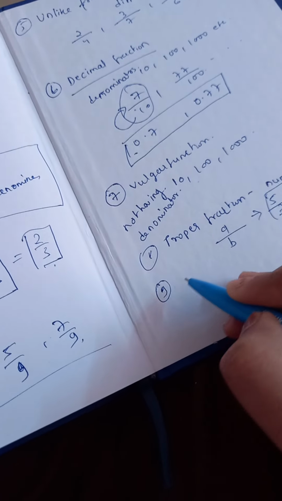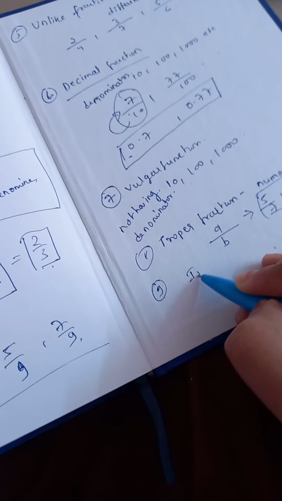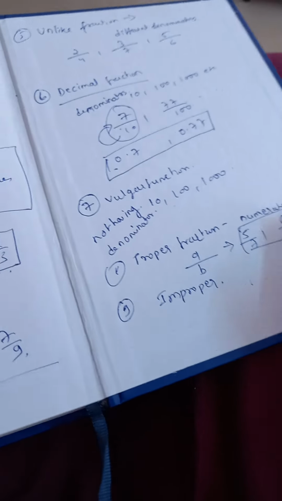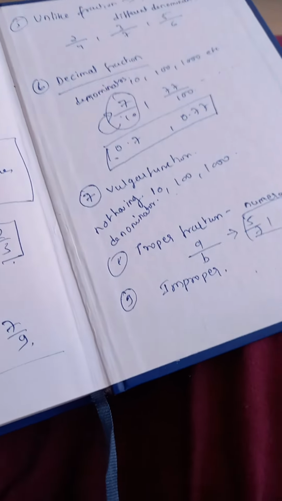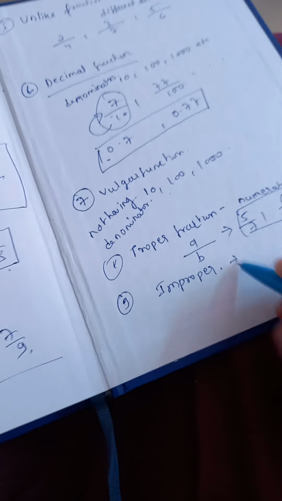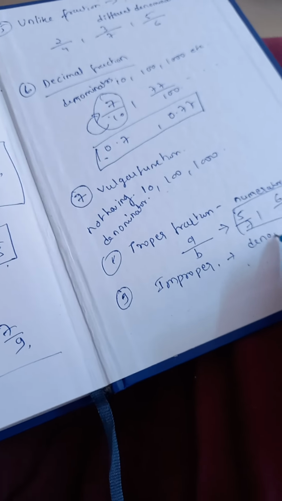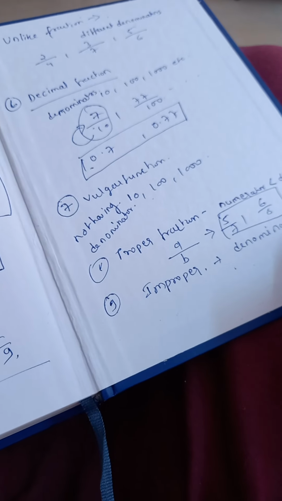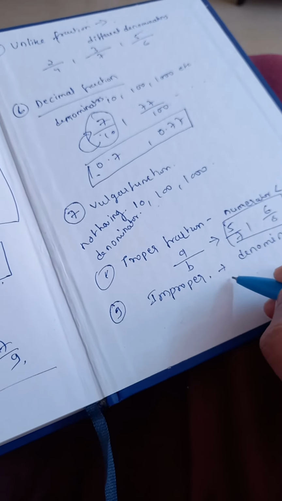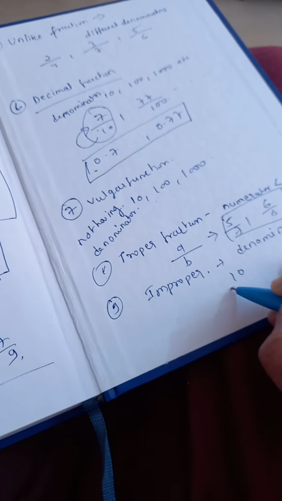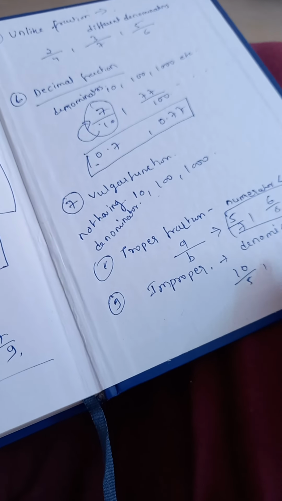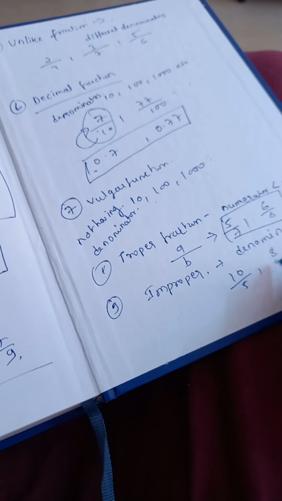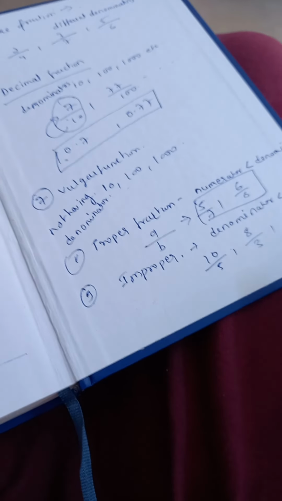Now the ninth one is improper fraction. You can easily get the definition of improper fraction, it is the opposite of proper fraction. Here the denominator will be less than the numerator value. Something like 10 by 5 or 8 by 3. Any other number you can take.